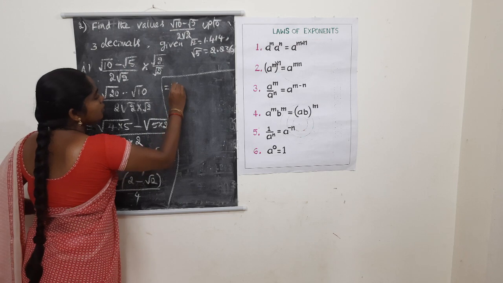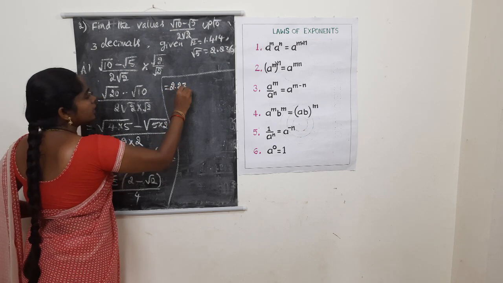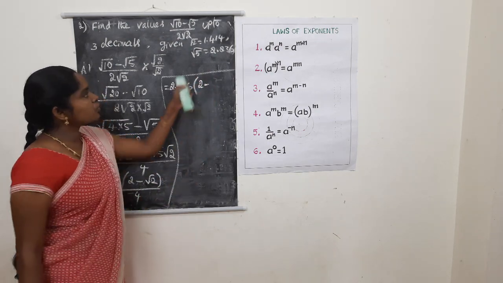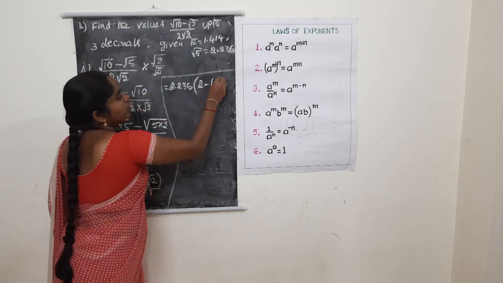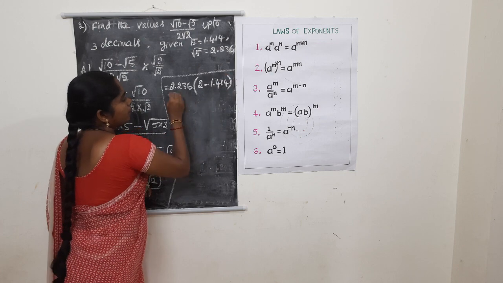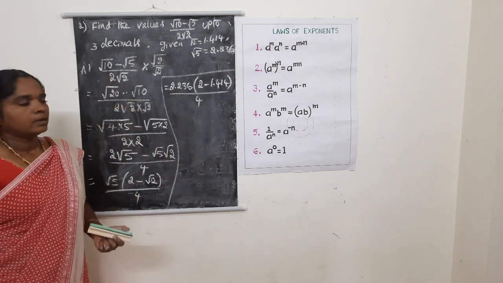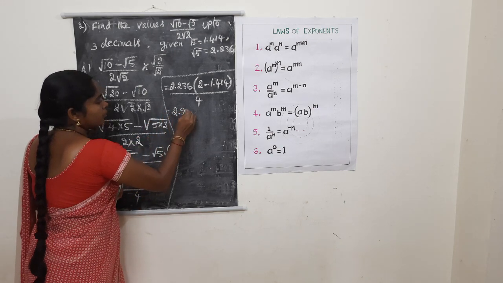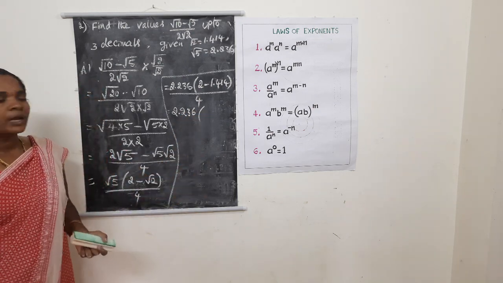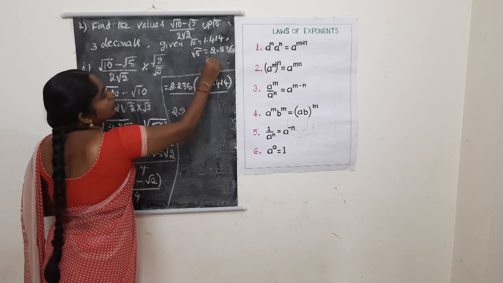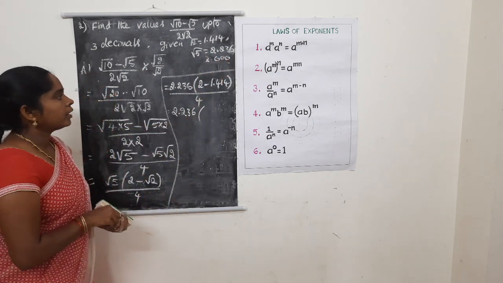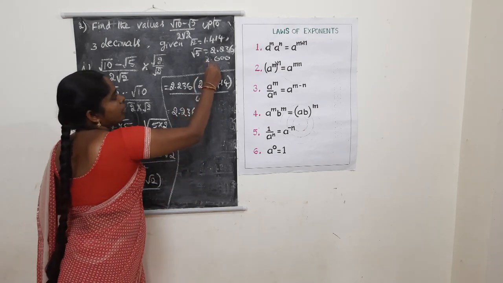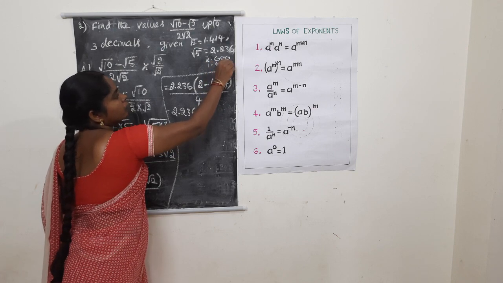Root 5 is 2.236 into 2 as it is, minus root 2, which is 1.414, by 4. 2 can be written as 2.000, and we subtract 1.414 from 2.